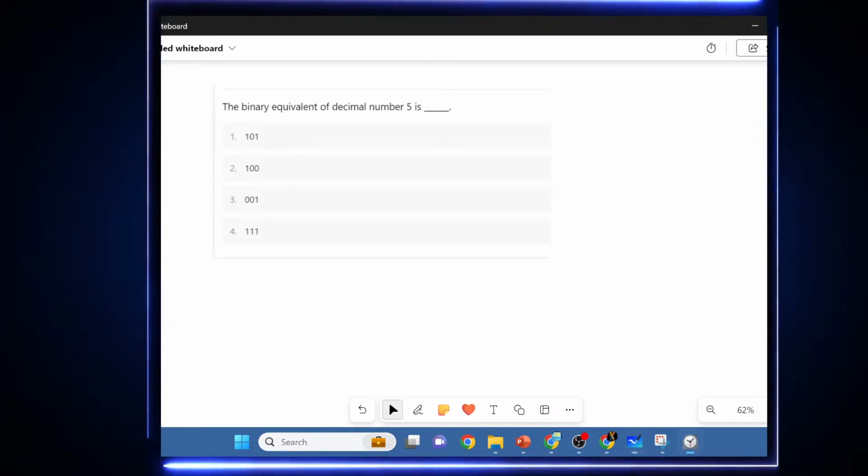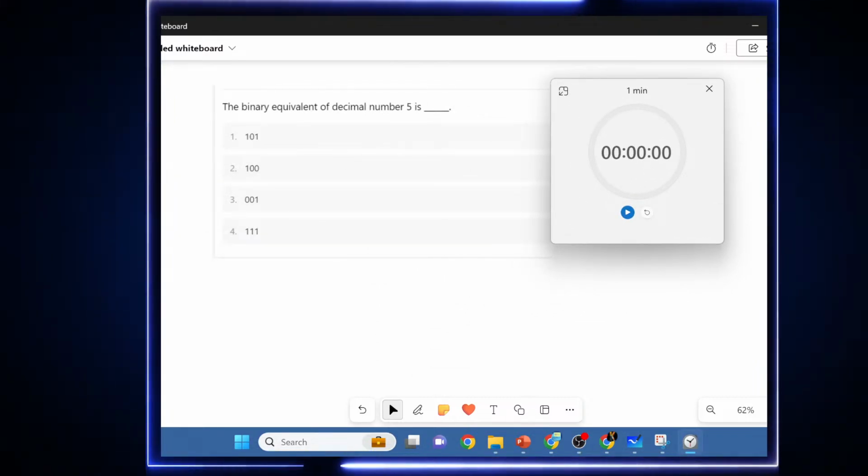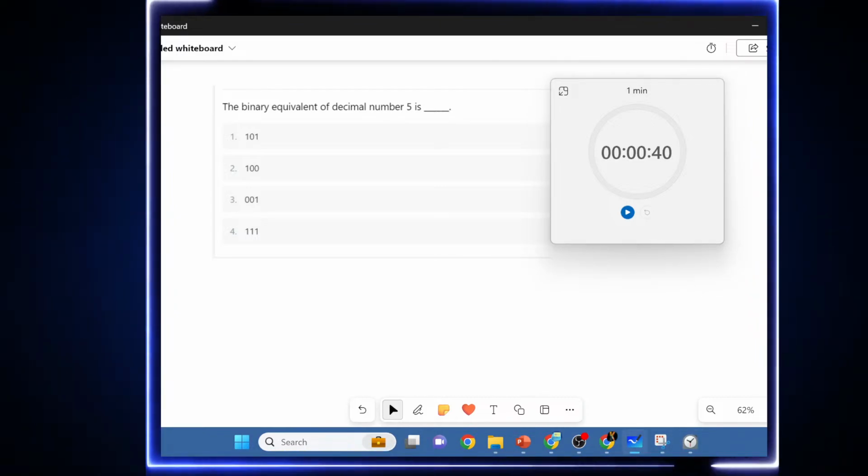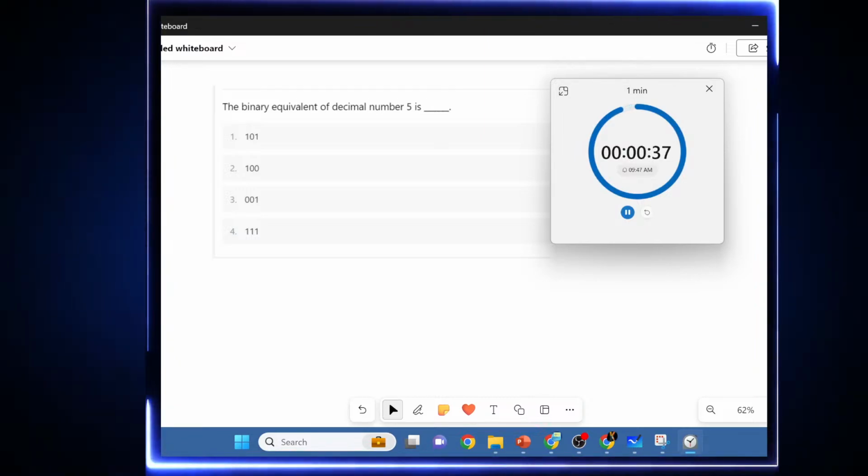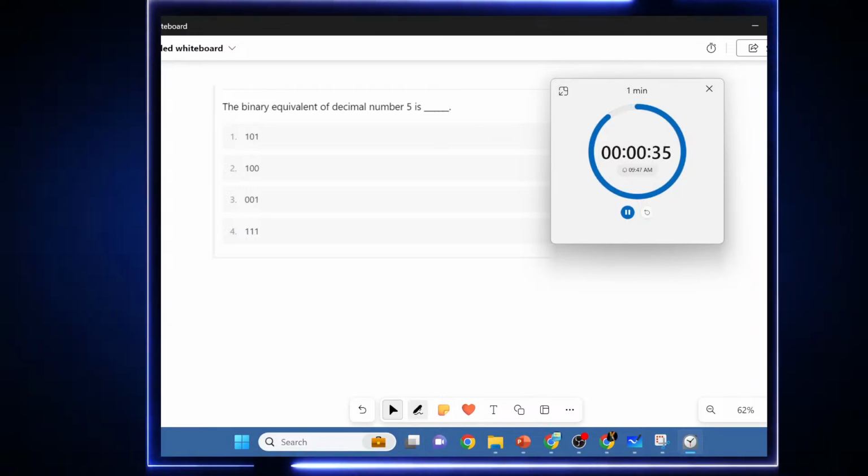What is the binary equivalent of the decimal number 5? It is very easy. I think 40 seconds is too much for this.